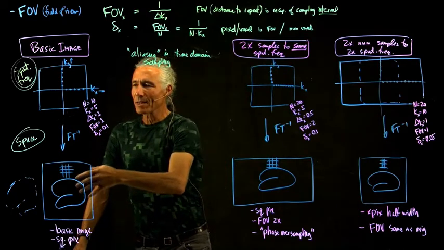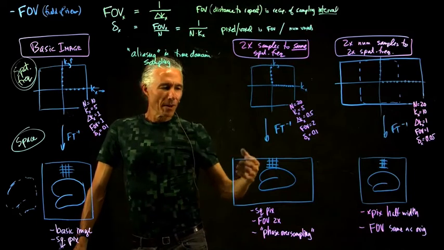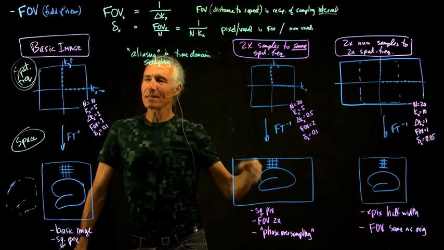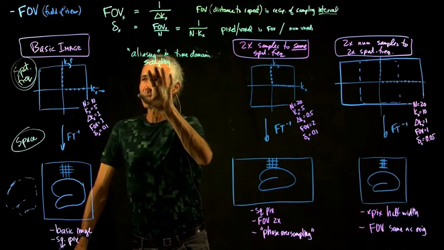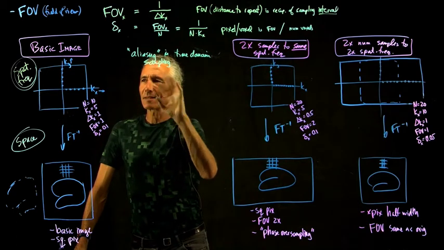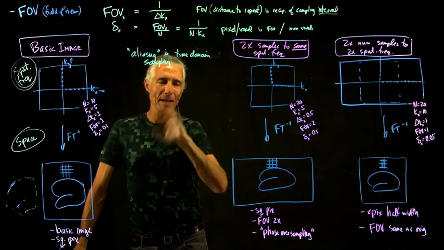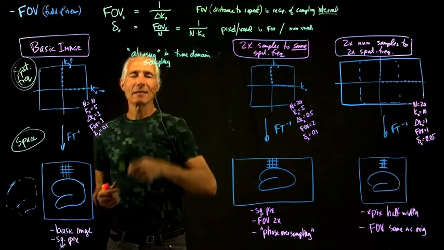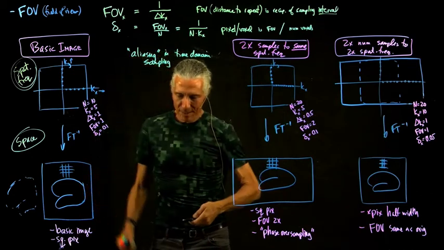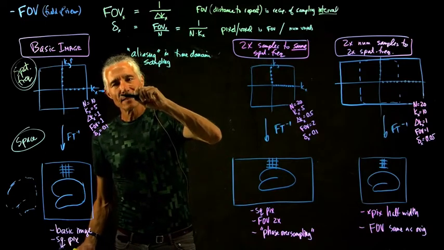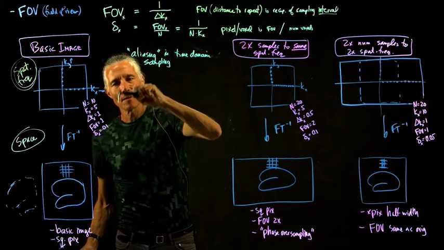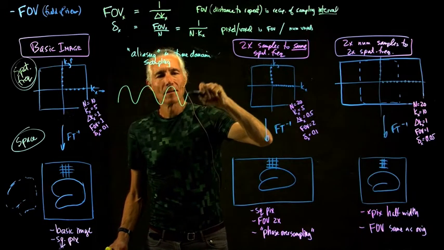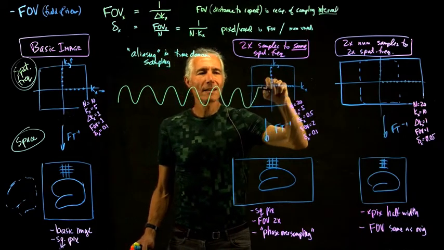What we were talking about was aliasing in frequency domain sampling, but now we're going to talk about the same thing in the time domain. Since it's the Fourier transform, you can go back and forth and see the same thing in either domain. Say we've got a signal like this, and we're not sampling it fast enough.